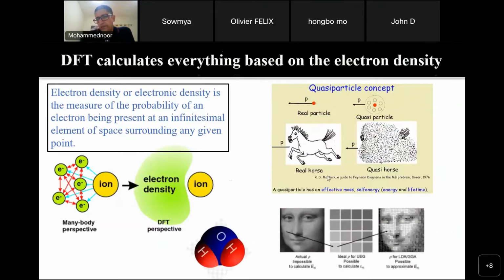But this is not a real horse. If I assume this is my molecule, I would have this picture of my molecule. But this is not the case. What we have is a density where the electrons are distributed between the atoms or between the different structural entities.